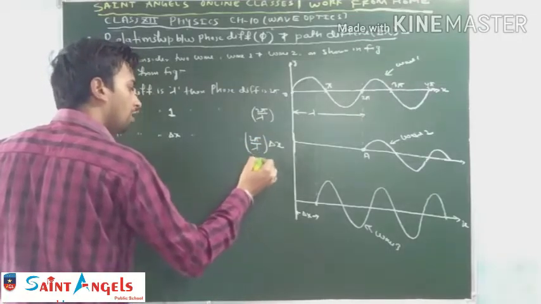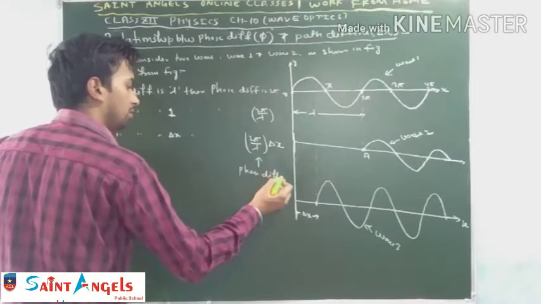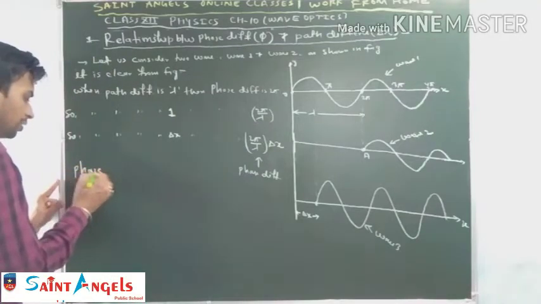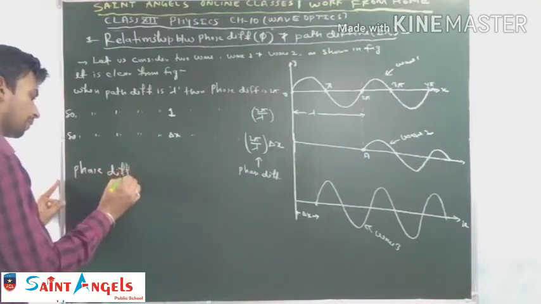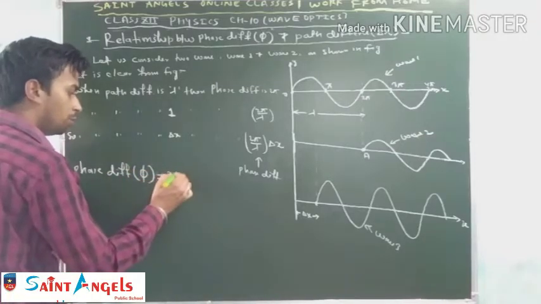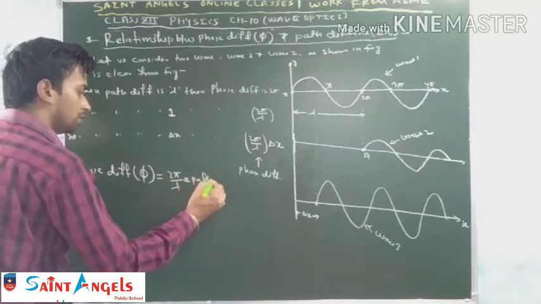This is the formula of phase difference: phi is equal to 2 pi upon lambda into path difference.